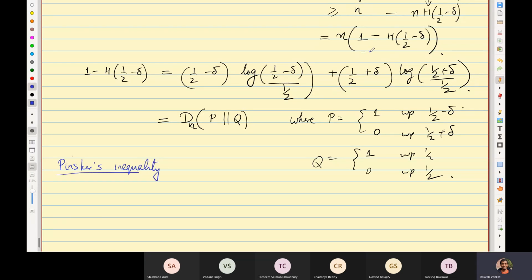All of this is to estimate what this constant is over here, 1 minus h of half minus delta. What does Pinsker's inequality state? It states that between any two distributions, P and Q, which should be on the same domain, I have something called the KL divergence, which I hope you're familiar with. If not, I'll define it soon. Is greater than, actually, I'll write it this way.